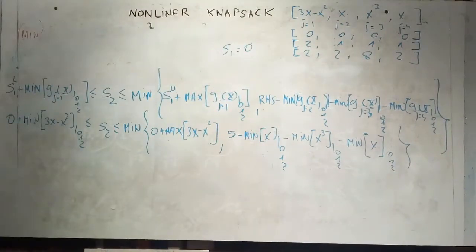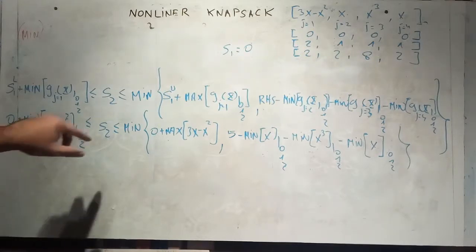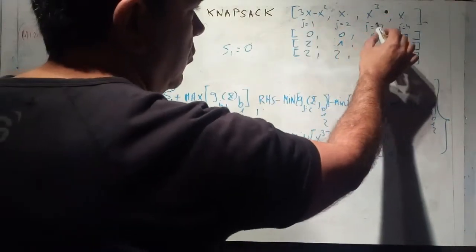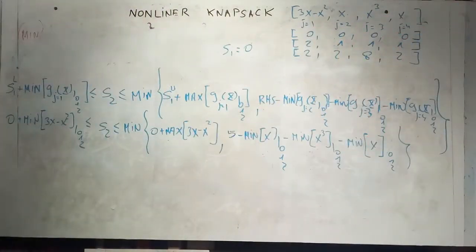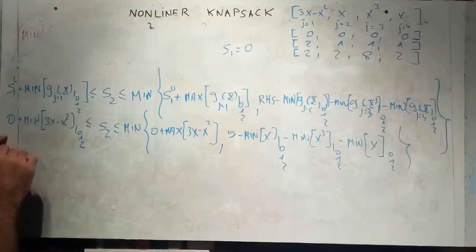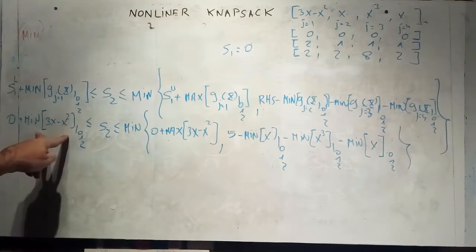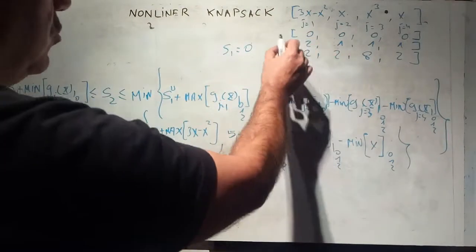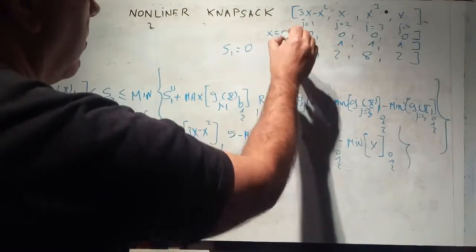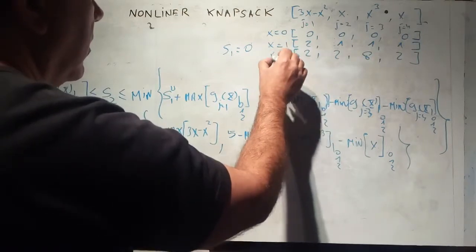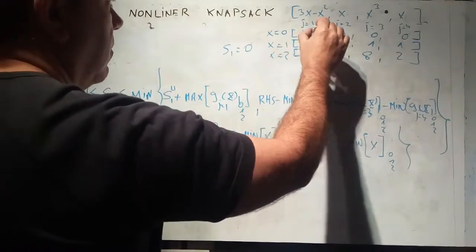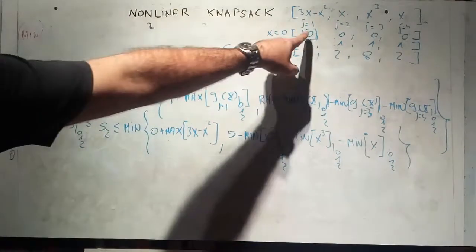Okay, so to do that, let's look at these values. Remember, for j being 1, j being 2, j being 3, and j being 4. The minimum of 3x minus x squared for the values of 0, 1, 2. Remember, the minimum is 0, right?